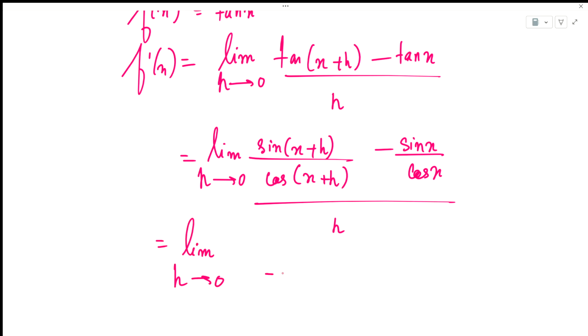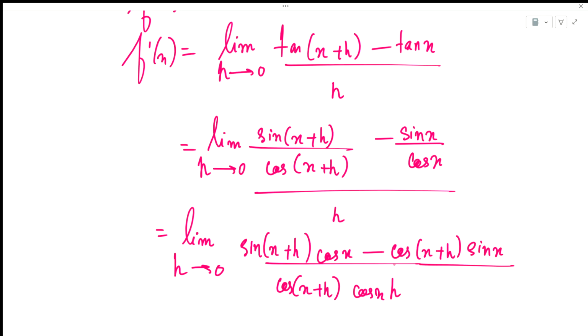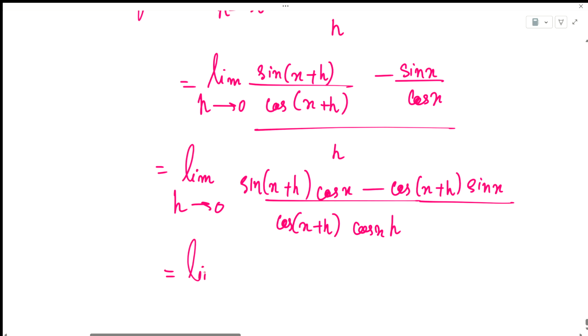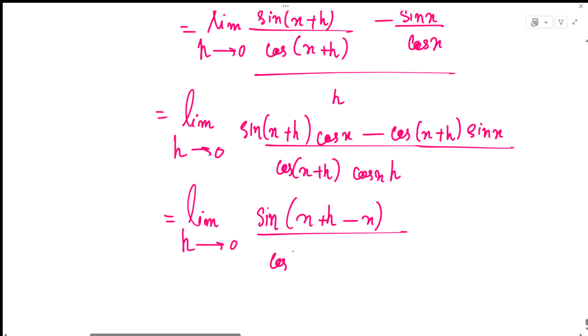I'm going to write cos of x plus h into cos x into h on the bottom. The top gives me sine of x plus h into cos x minus cos of x plus h into sin x. Sin a cos b minus cos a sin b gives me sin of a minus b, so sin of x plus h minus x. On the bottom I have cos of x plus h into cos x into h.